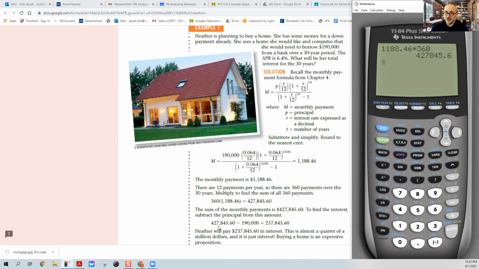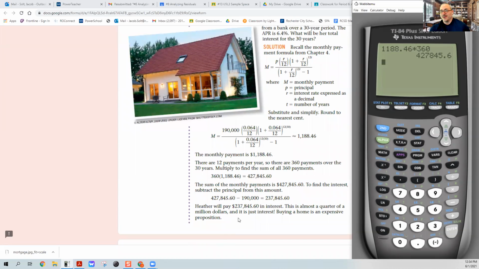So we take the total value of all the monthly payments, subtract the market value of the house, what it sold for, and that gives us $237,845.60. Heather will pay that much money in interest. This is almost $250,000, and it's just interest. This is not to buy the home. This is for the privilege of borrowing the bank's money.